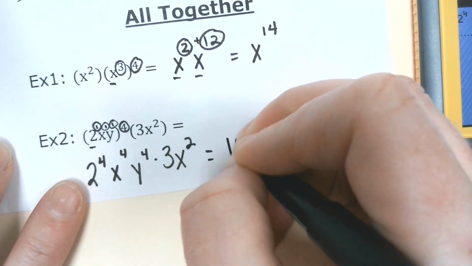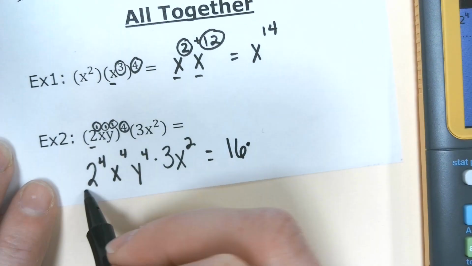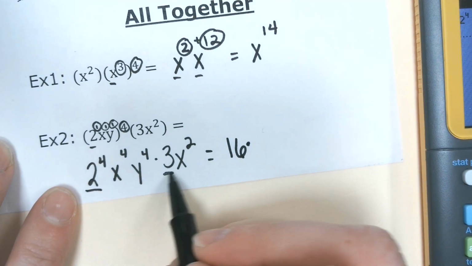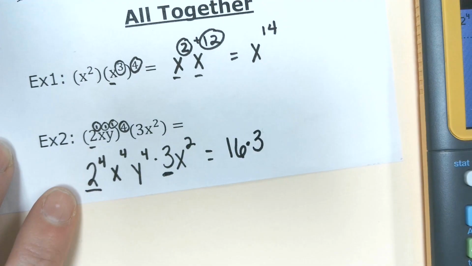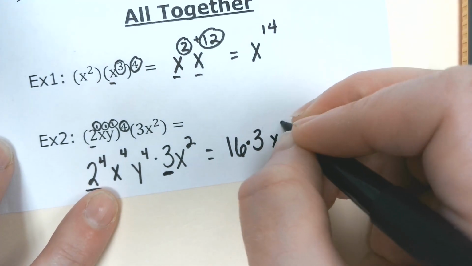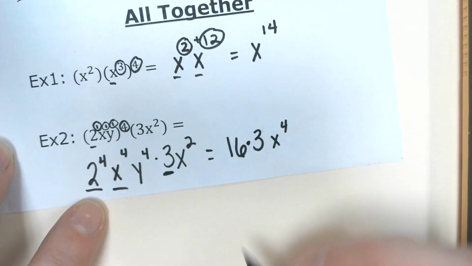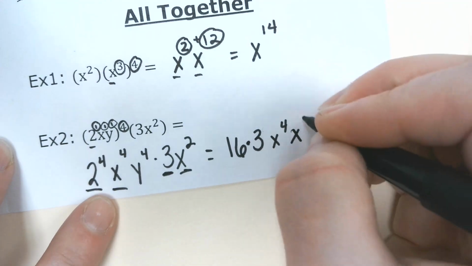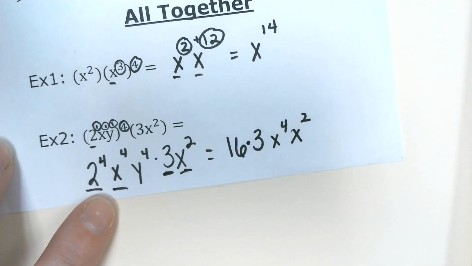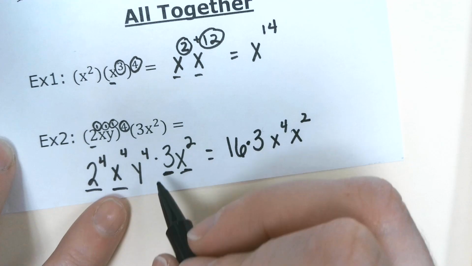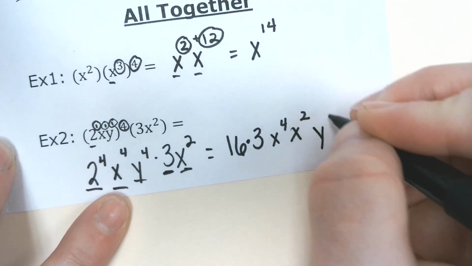So we have 16 times, and we multiply times 3. Then let's put our x's, so x to the 4, x squared. And then we just have a y to the 4.